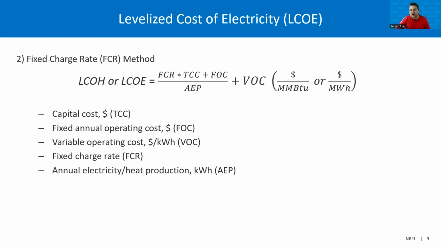And the other way of calculating the LCOH is a fixed charge rate. This one is simpler. And the reason why I explained both of them, you may not need to apply the discount rates for calculating LCOH. You may just get rid of that and just apply the fixed charge rate to the total cost of the system plus the fixed operational cost divided by the annual generation.